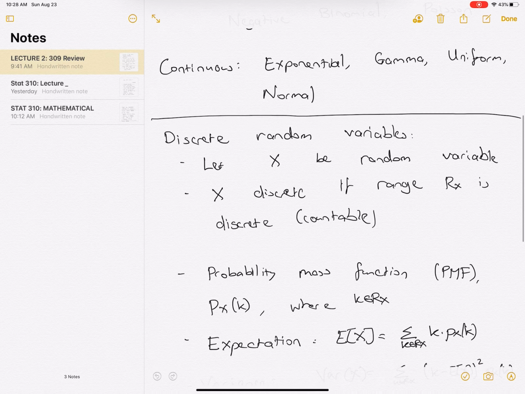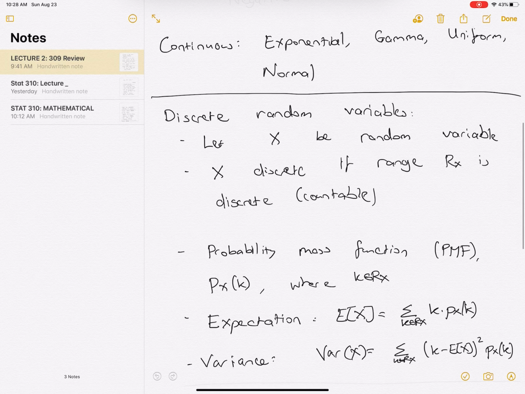So let's begin with discrete random variables. And once again, I repeat that I'm going to cover these concepts very quickly. We say X is a discrete random variable if its range is discrete or countable. What I mean by that is the range, for example, could be just a finite set of numbers, like in the Bernoulli case where it's just a 0 or a 1.